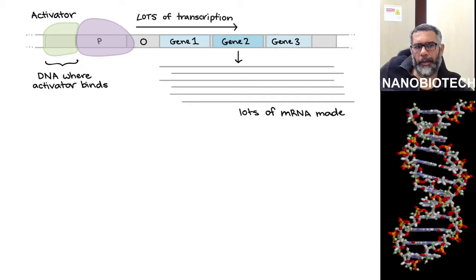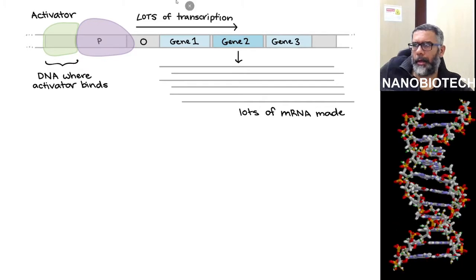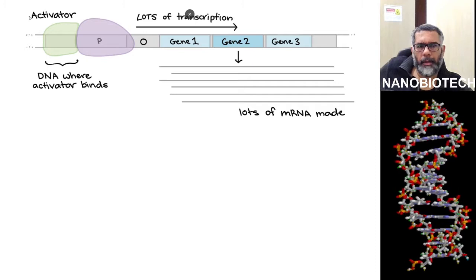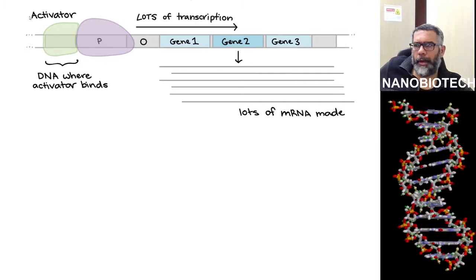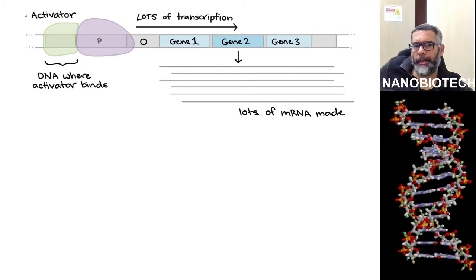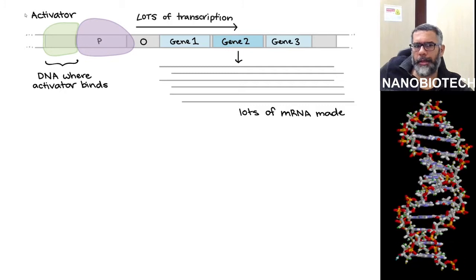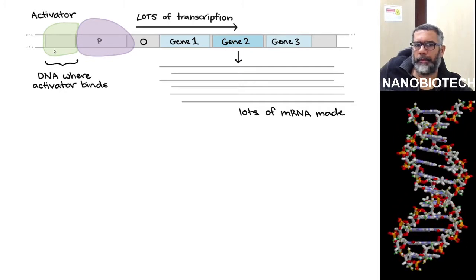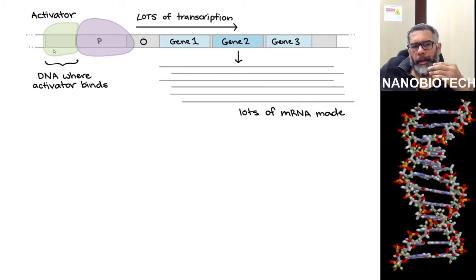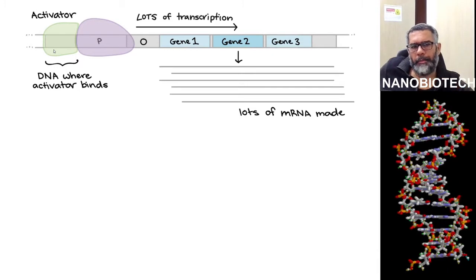Some regulatory proteins are activators. When an activator is bound to its DNA binding site, it increases transcription of the operon, for example, by helping RNA polymerase bind to the promoter.